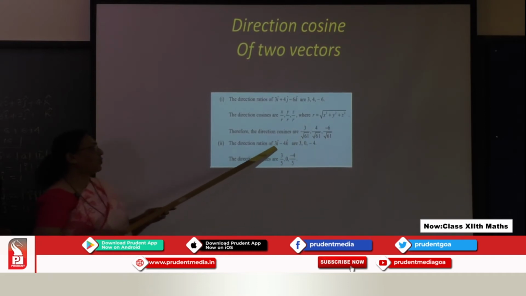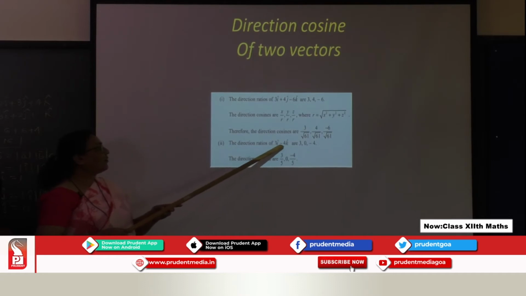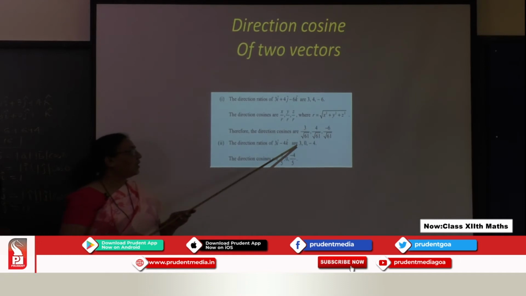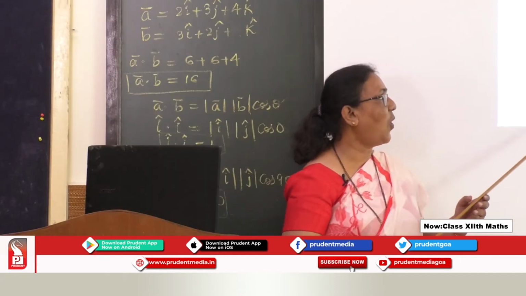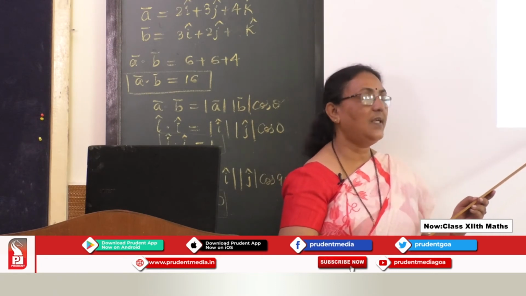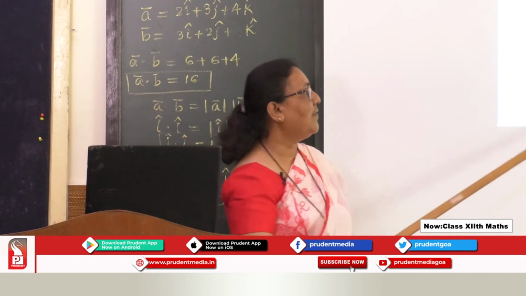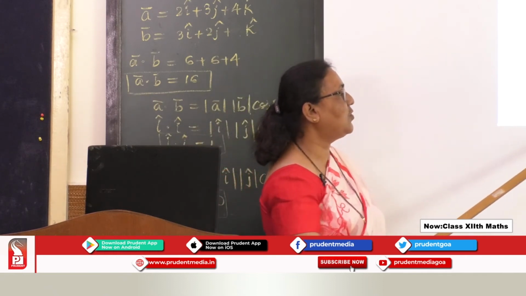Similarly, see one more example. This is a vector, the coefficient of i is 3 and j is missing here, so the coefficient of j is 0, and the coefficient of k is minus 4. Then 3, 0 and minus 4 are the direction ratios. When you take the magnitude of this, you will get 5.